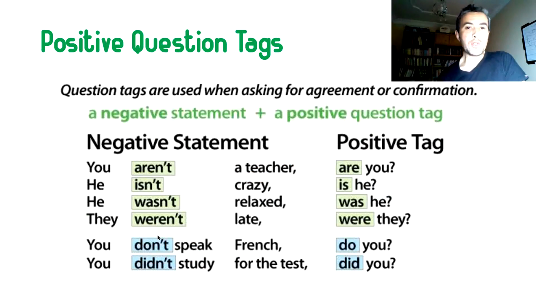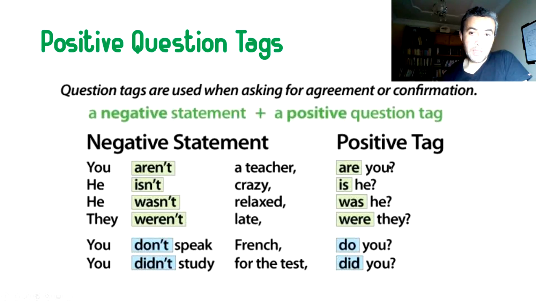I'm going to focus on just two tenses, the simple present and the simple past. We start with positive question tags. The tag is positive, so we need a negative statement on the other side. For example, "You aren't a teacher." The statement is negative, so we make the tag the opposite: "are you?"